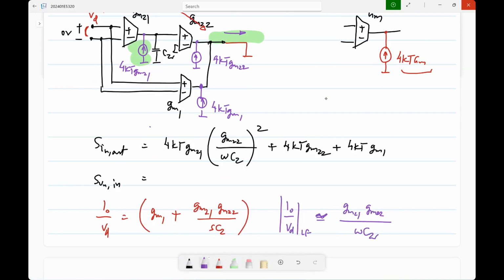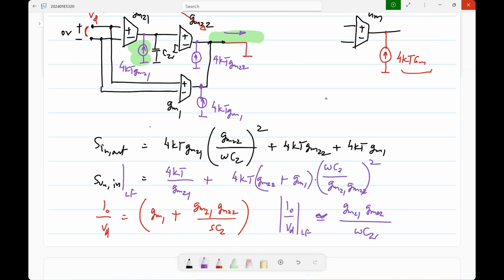Okay. So, what will be the input referred noise spectral density? Basically this whole thing divided by the square of that. Okay. So, at least at low frequencies. So, what do you have? You have 4kT by gm21 plus some things which you will see will have a relatively small value, right?